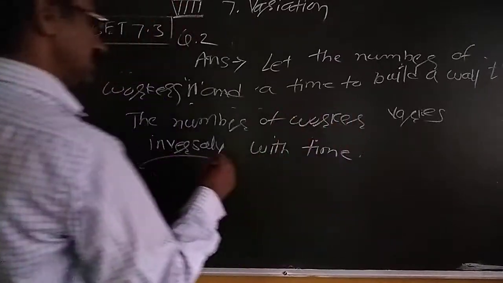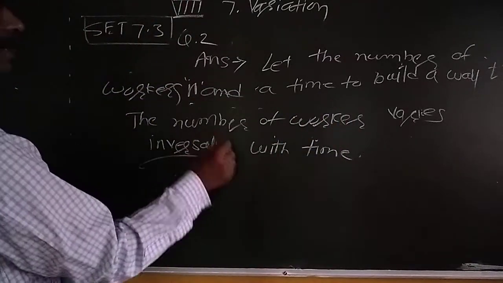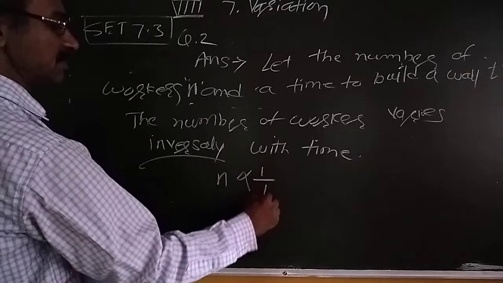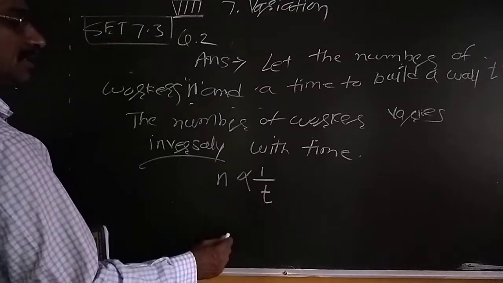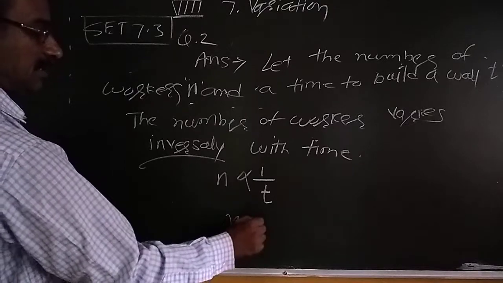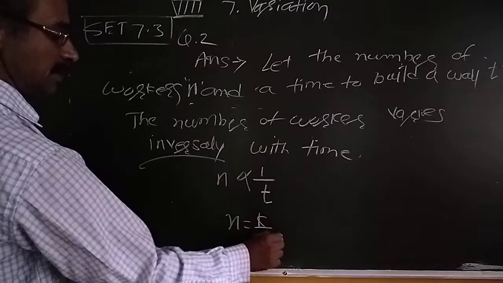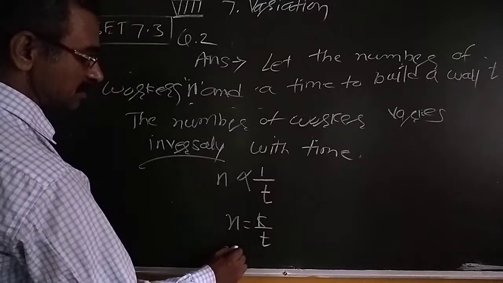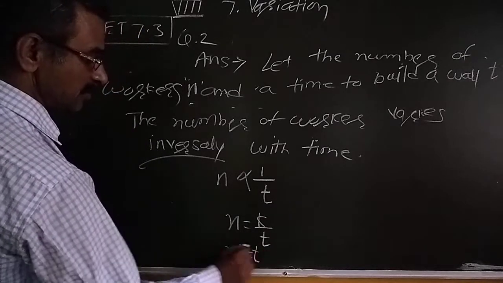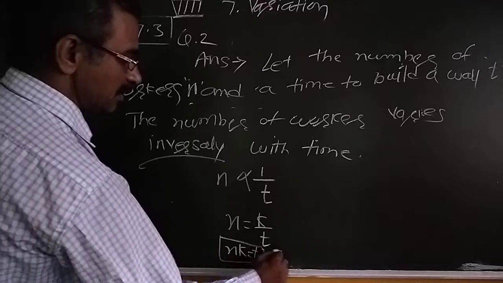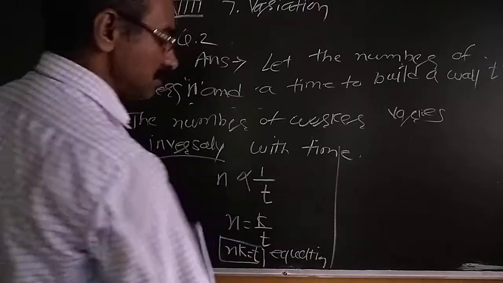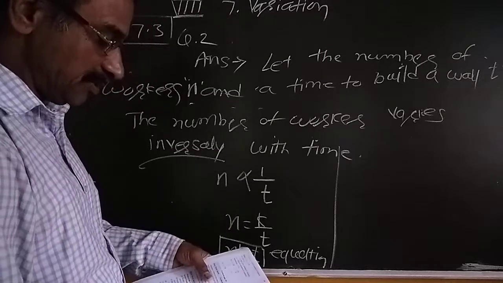So we can write this statement: the number of workers is inversely proportional, means 1 upon T. Therefore, it is written as k upon T, and we get the equation N into T is equal to K. We get the equation from the given information. What is given?